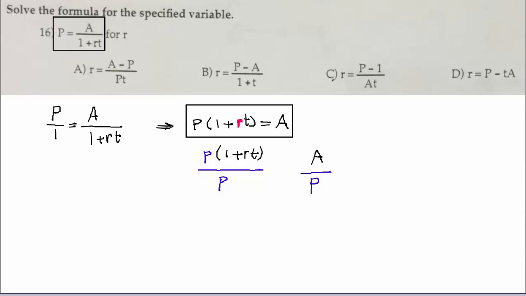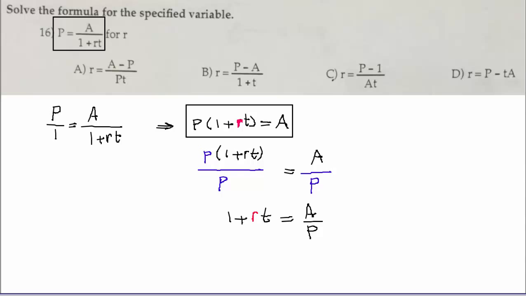Okay, so we get 1 plus, remember we're still looking for isolating R, so let's do the color here, R, and then P here is equal to A over P. Question on that, anyone? So how do you eliminate the other terms? What would be the next step, do you think?